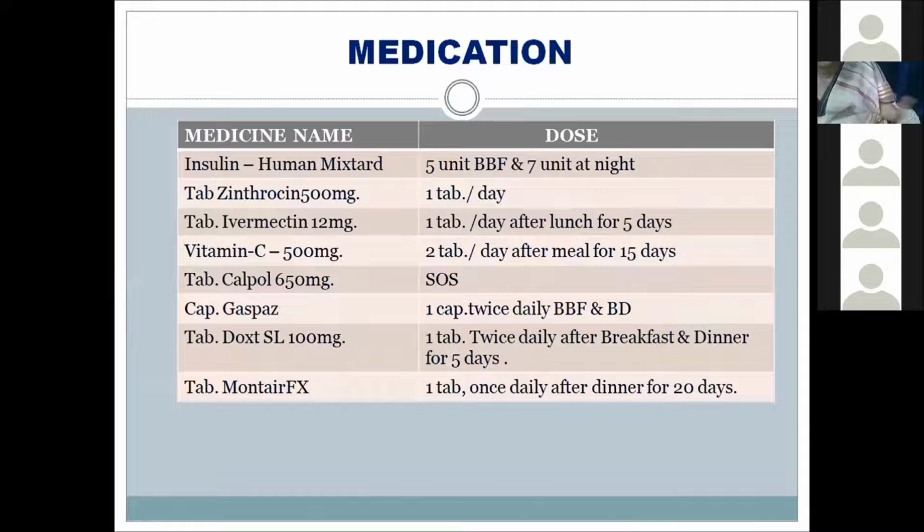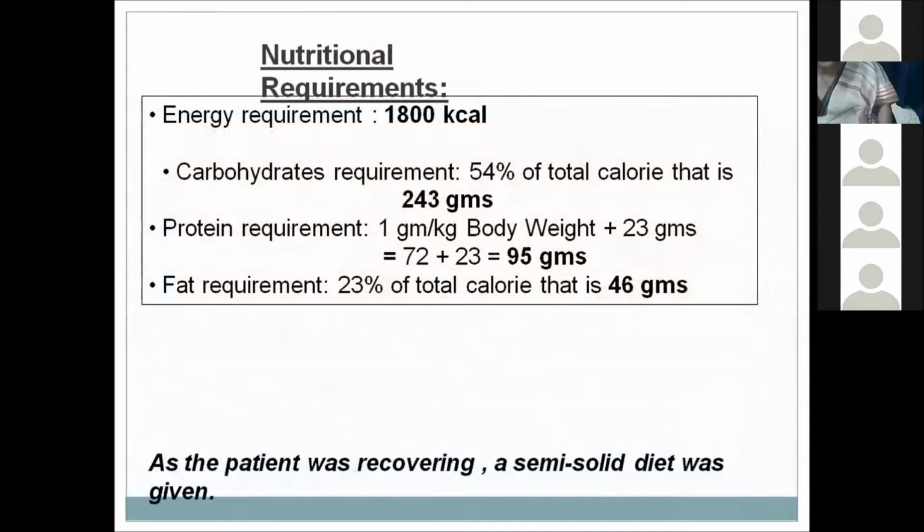Then some other medicines were for COVID, like antibiotics, gas medicine, and paracetamol. But actually we are more concerned about diet.